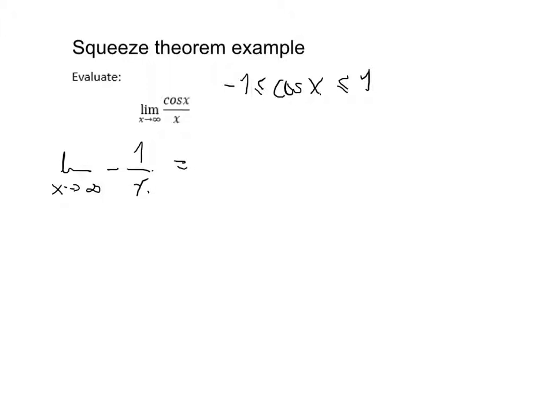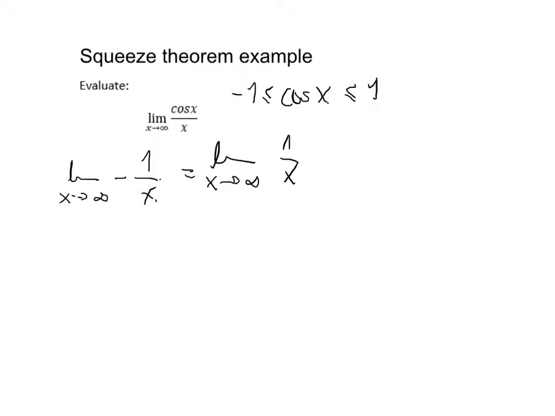And if I do here the limit when x goes to infinity of 1 over x, I'm evaluating a function that's always bigger or equal than cos x over x, because 1 is always bigger than cos x.